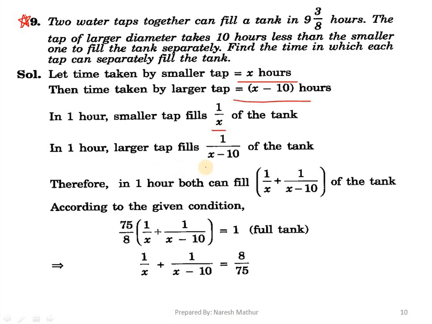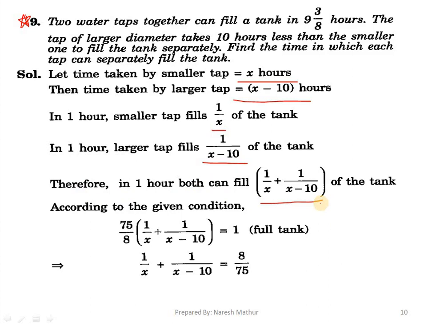Similarly, in 1 hour the larger tap will fill 1 by x minus 10 part of the tank. Therefore, in 1 hour both taps can fill this part of the tank.